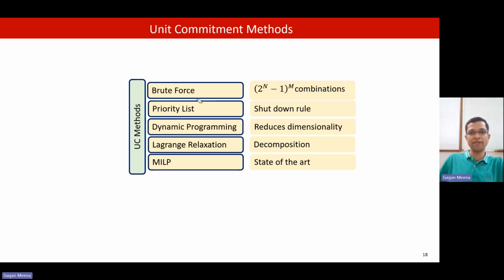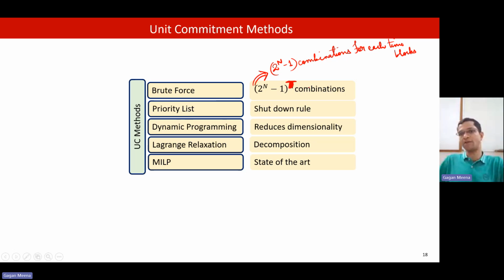The problem with these two methods is that we have to see all these 2 raised to the power n minus 1 combinations for each time block. And if there are t time blocks, let us consider the same notation which we have used, then we will have to consider these many combinations for the entire day. 2 to the power n minus 1, to the power t.